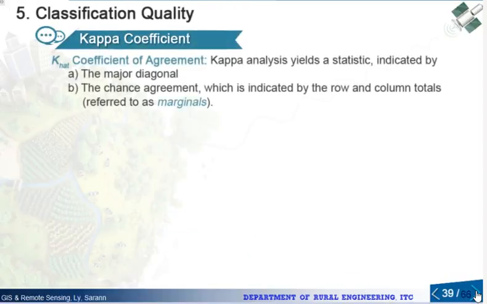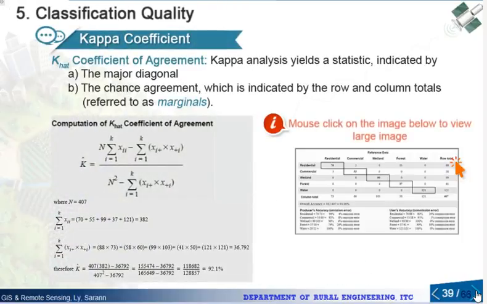We have another term we call the kappa coefficient. It is a coefficient of agreement. The kappa analysis yields a statistic which is an estimate of kappa.